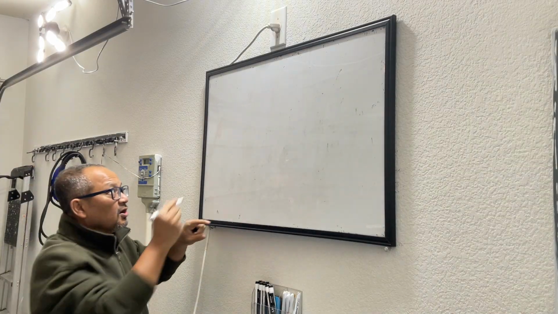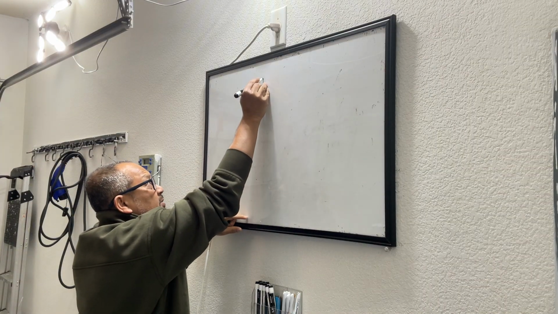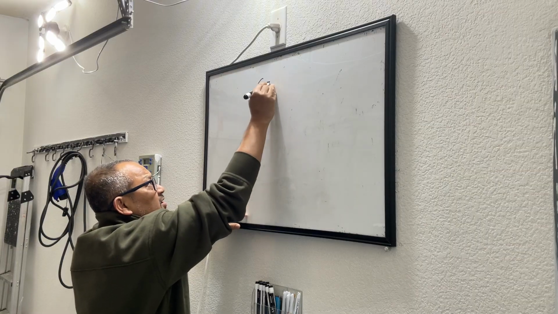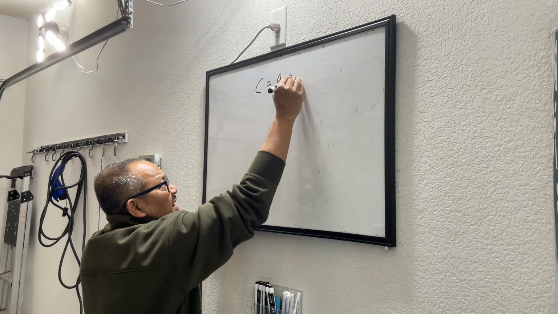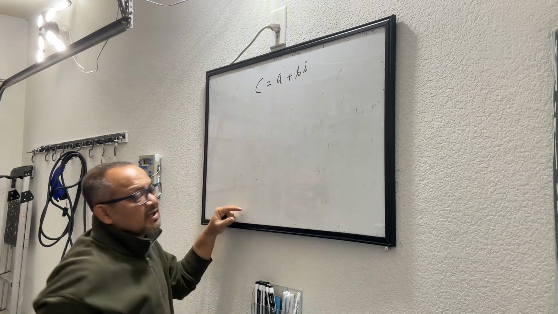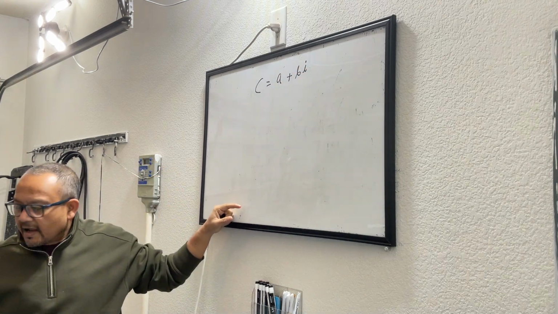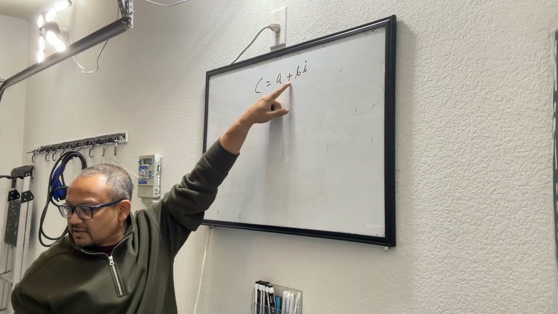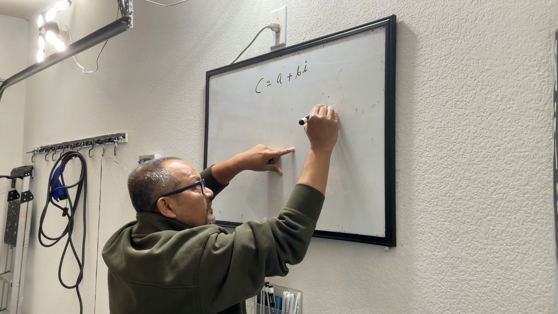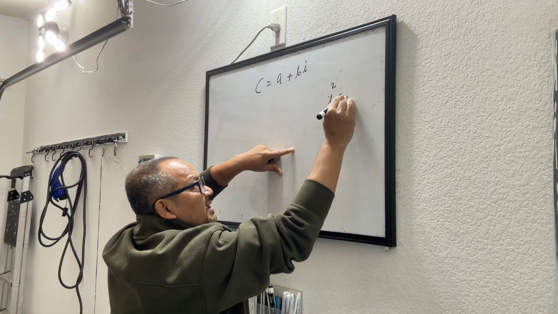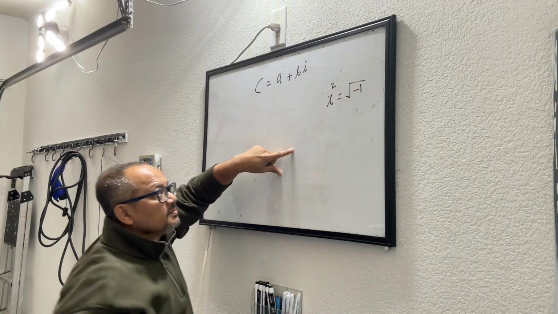As you all know, if I'm talking about a complex number, I'm essentially talking about a number which has a real component and an imaginary component. Here, i is a substitute for the square root of -1.